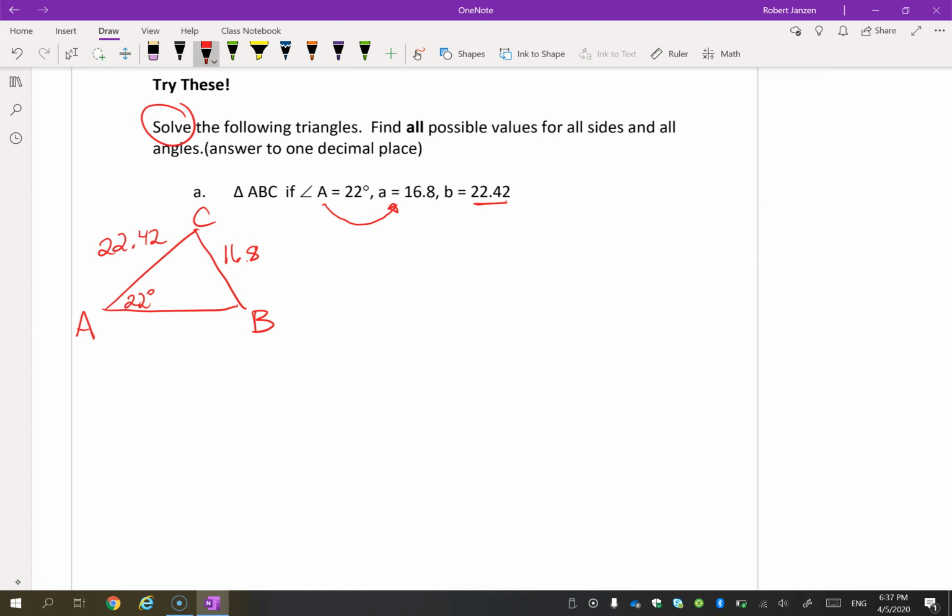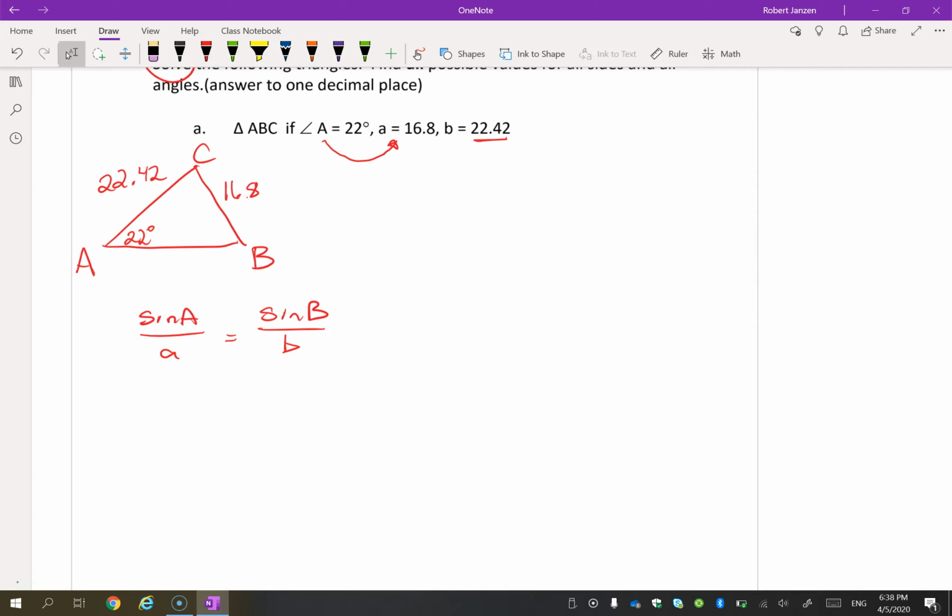So our first step will be sine of A over A is sine of B over B. So sine of 22 over 16.8 equals sine of B over 22.42. Okay, and if you solve this, you get angle B is 30 degrees.